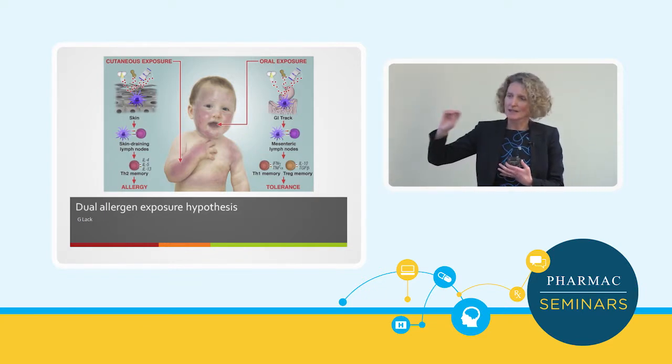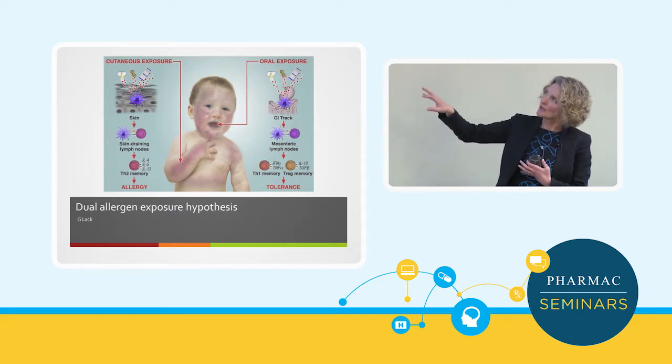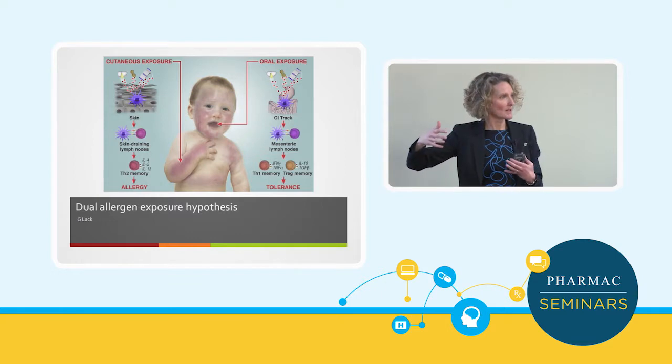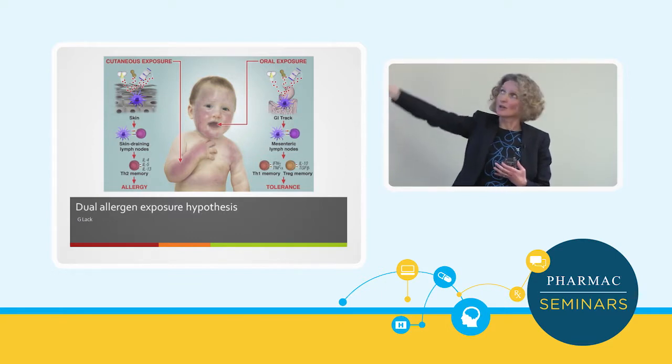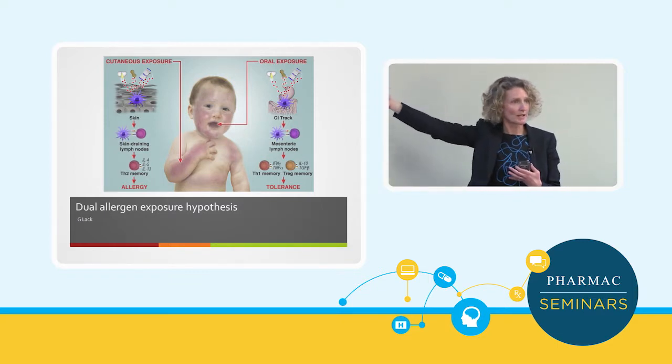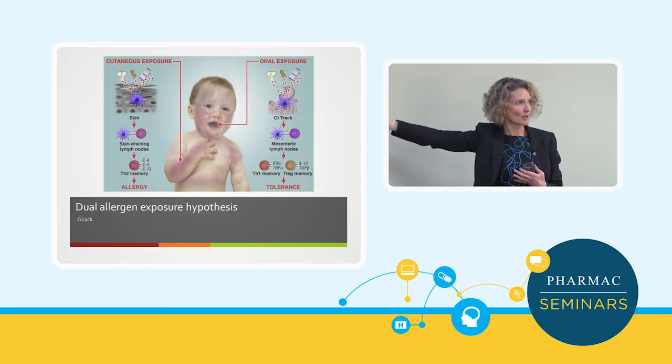This was developed by Gideon Lack, an immunologist in the UK. His theory was that if you normally meet food by eating it, through normal oral exposure, you get normal presentation of food proteins to the immune system, and you develop a normal tolerant immune response.